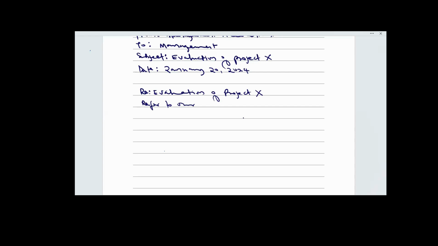But don't make it too wordy, because management does not have the time to waste on reading too voluminous reports. In bullet points, straight to the point, and very complete. That is what is needed in your report writing. Because if it's too wordy, management will lose interest.